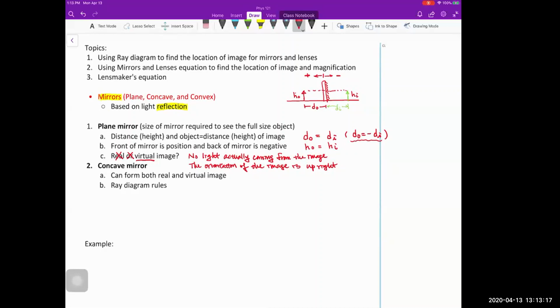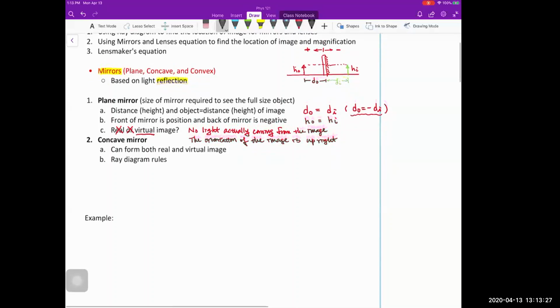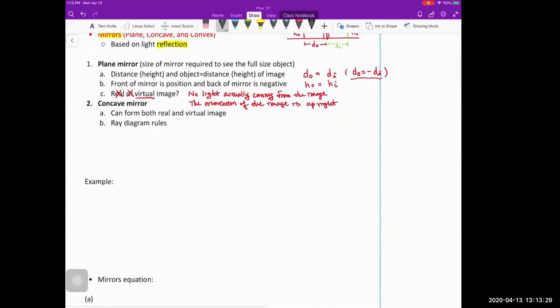And we told you the rules for drawing a virtual image or a real image from a concave mirror. So what are the rules? There are 3 different rules. The first rule that you write is that the rays parallel to the principal axis.